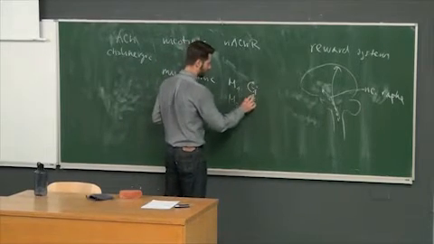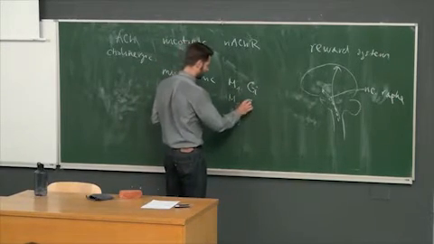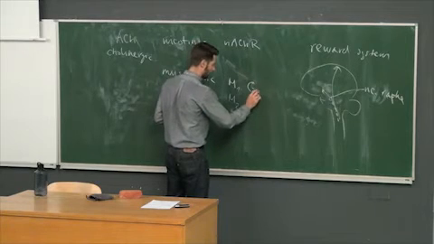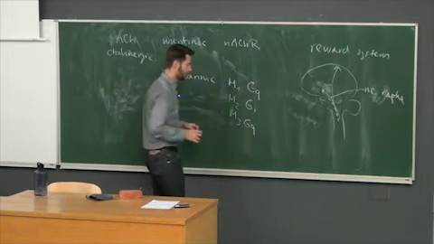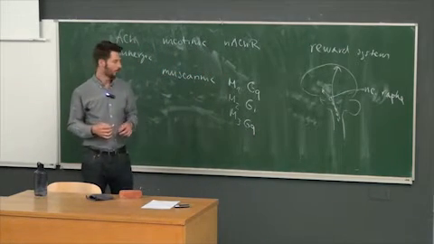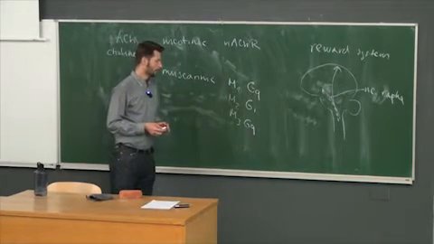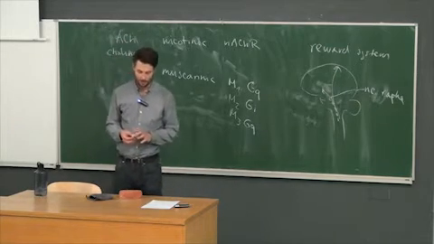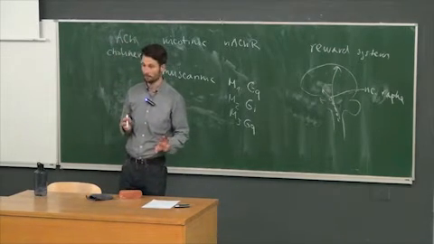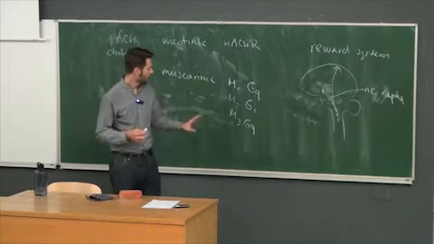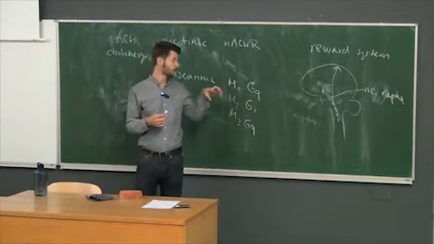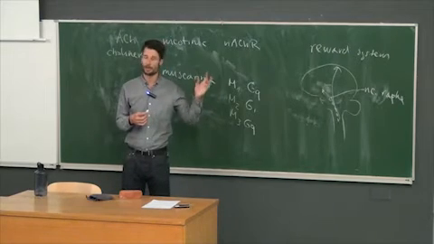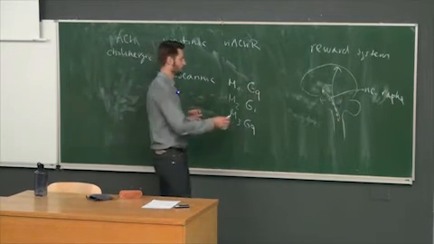As I said, they are coupled with G proteins, and their expression and function differ between these subtypes. M1 receptors are mostly found on neurons in the brain or elsewhere, so they're neuronal.